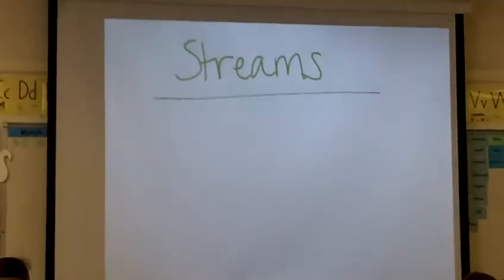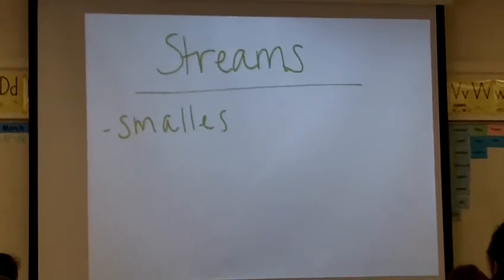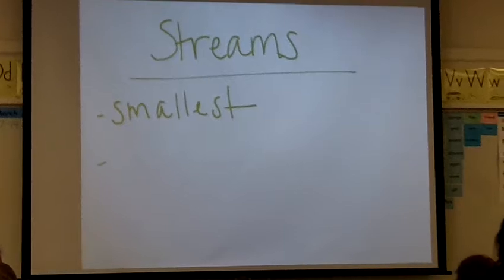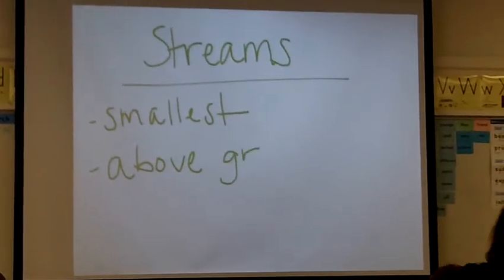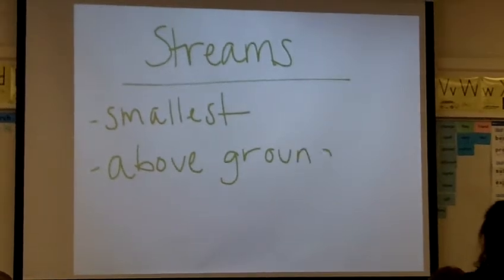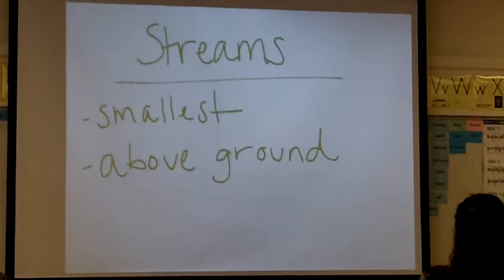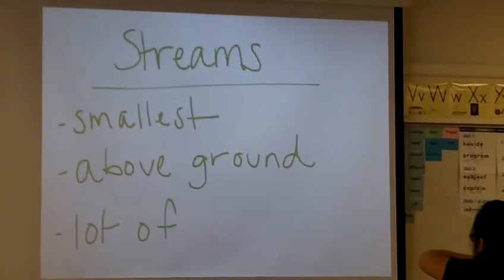And finally we have streams, the smallest body of water. Streams are bodies of water that flow above ground and are normally flowing towards rivers. Streams are often created after a lot of rain has fallen to the earth.